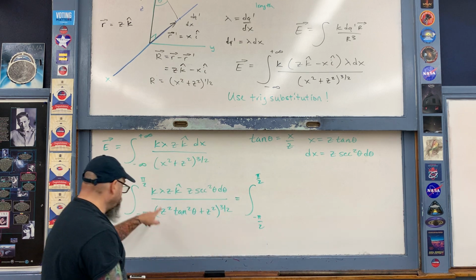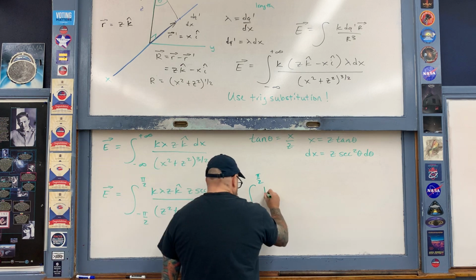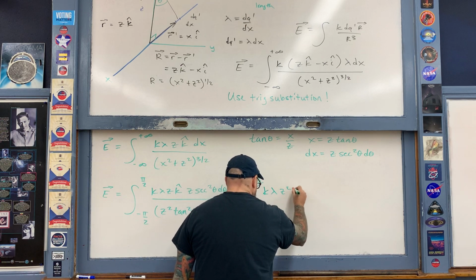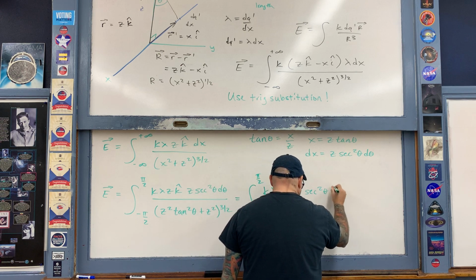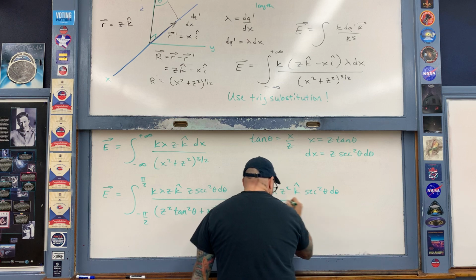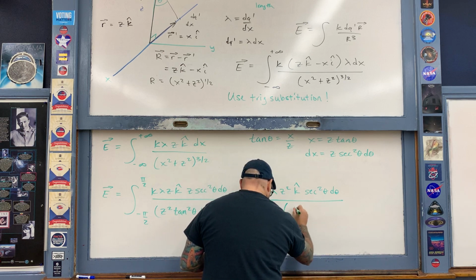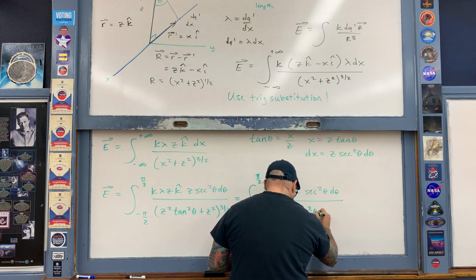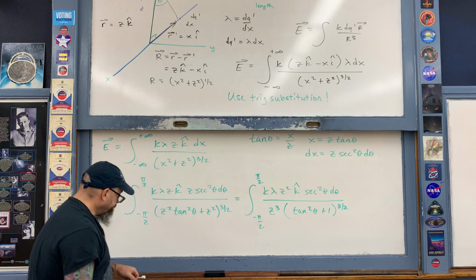Okay, so first of all, I've got k lambda z k hat times z, so z squared. So k lambda z squared k hat, and then times secant squared theta d theta, all divided by then z cubed, tangent squared theta plus 1, all to the 3/2. Like so.